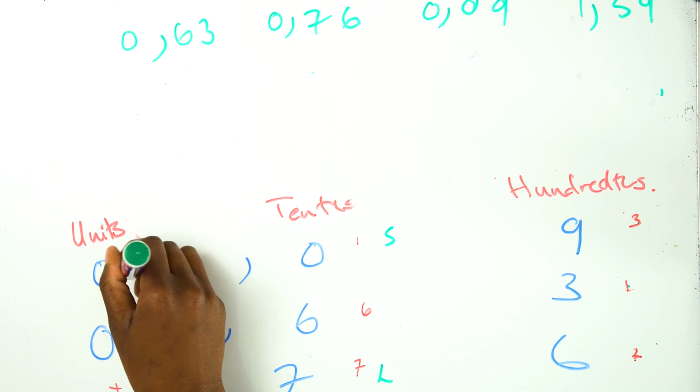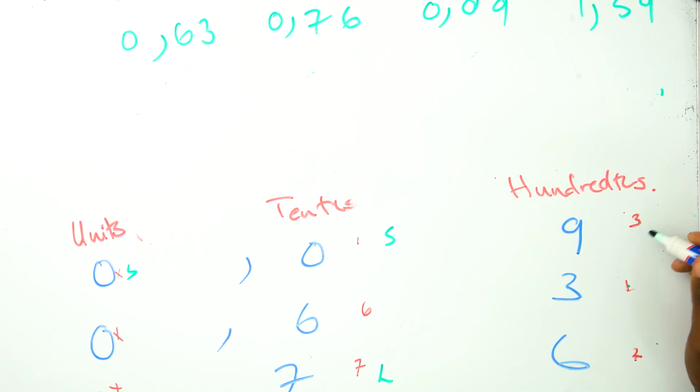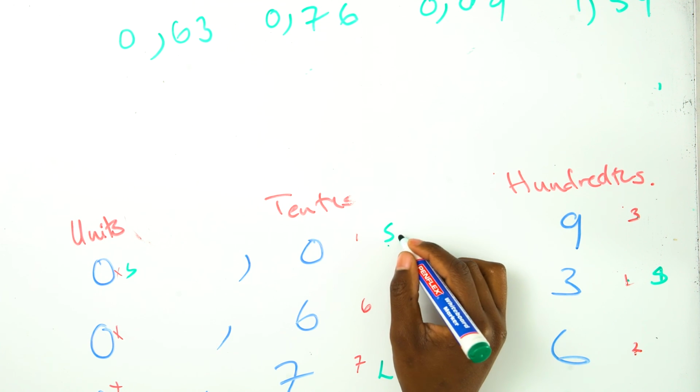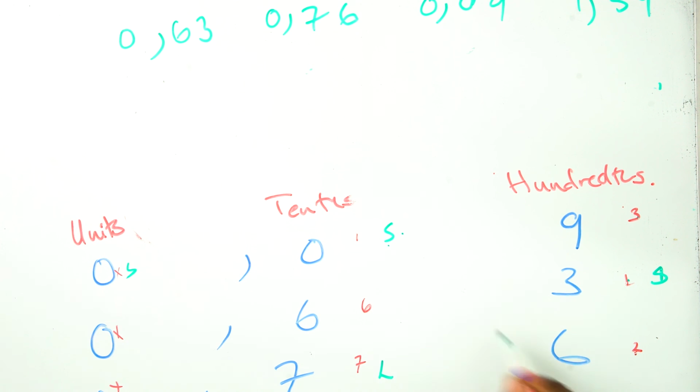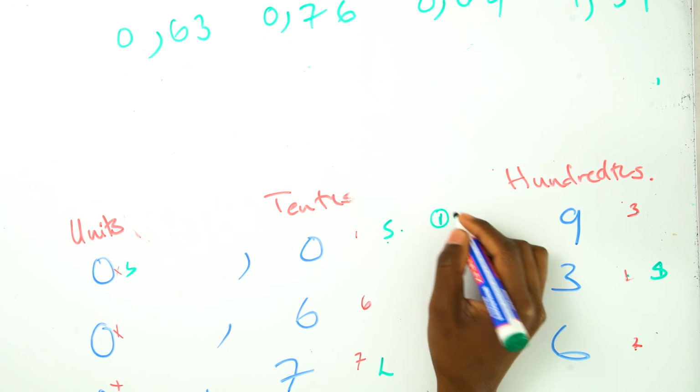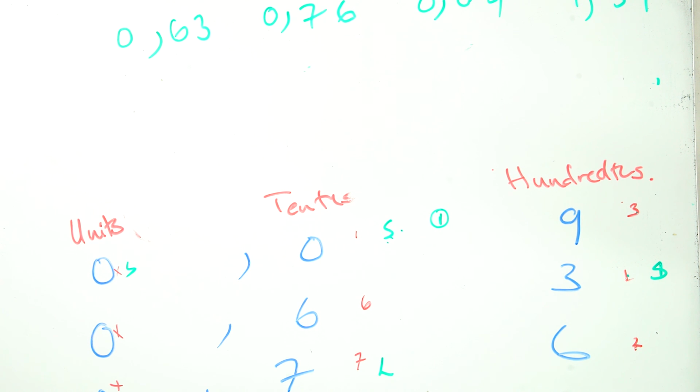And then here we have 9, 3, 6, and 9, so automatically the 3 becomes the smallest and 9 becomes the largest. Since we have two 9s, you look at the tens, which one is the smallest amongst the tens? The smallest is 0, so this one is smaller than this one, and then the last number here.